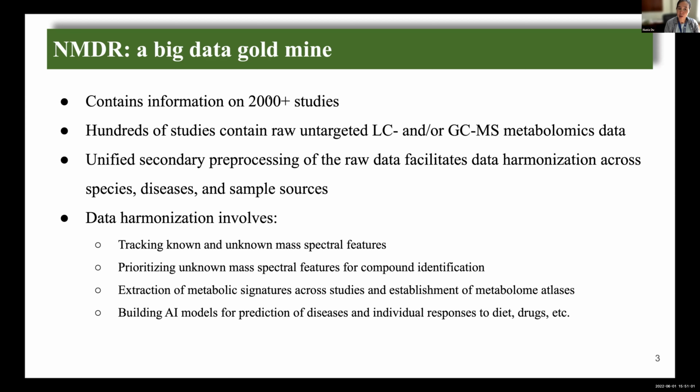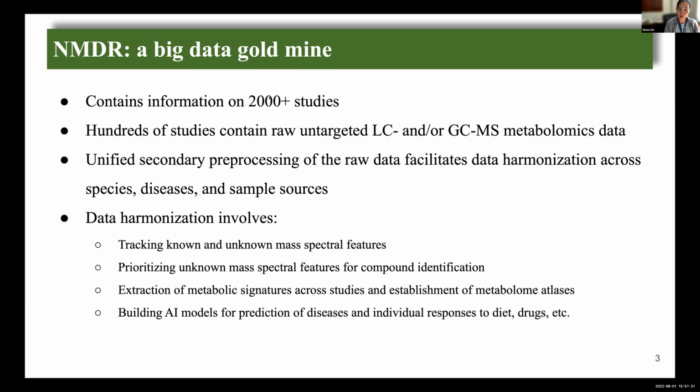We think unified secondary pre-processing of this raw data would facilitate data harmonization across different species, diseases, and sample sources. This type of harmonization will involve multiple aspects. One is to track both known and unknown mass spectral features. We can also use the data harmonization to prioritize unknown mass spectral features for compound identification.